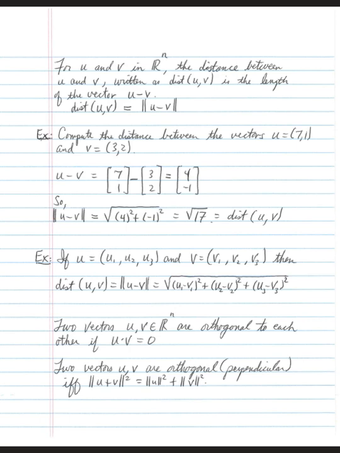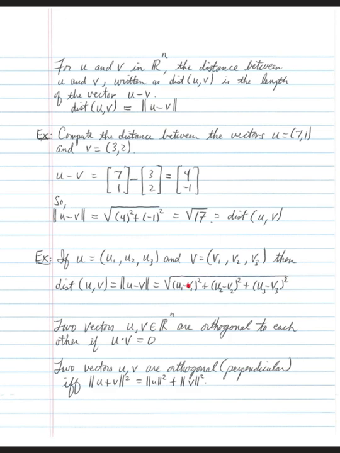If we move up to vectors in R3, these up here were R2, the distance between two vectors is still given as the magnitude, or the length, of the vector u minus v. We subtract based on position.